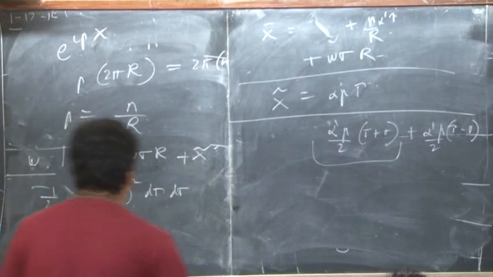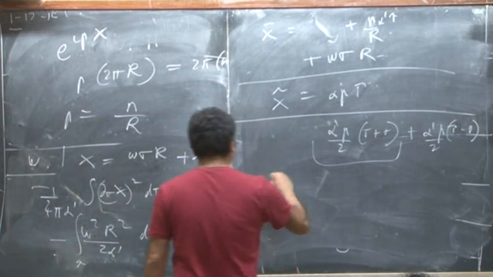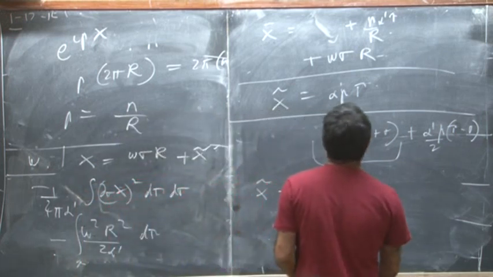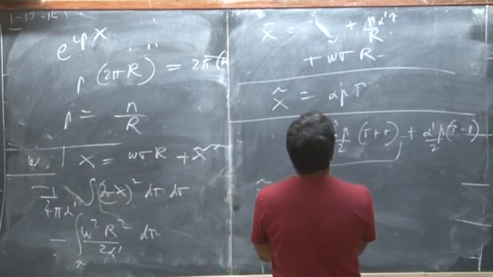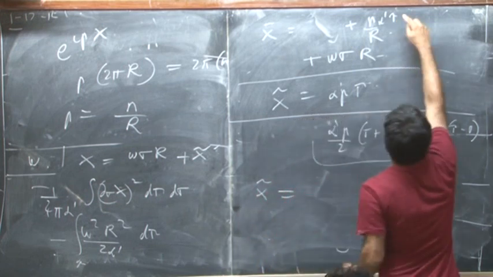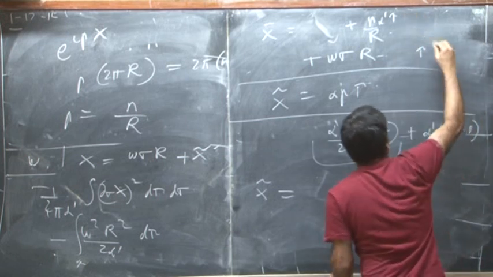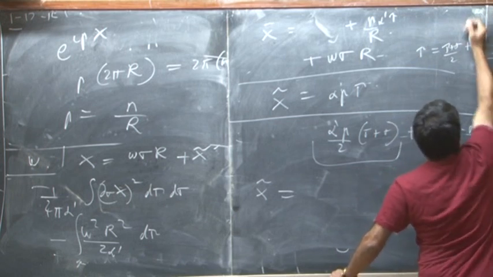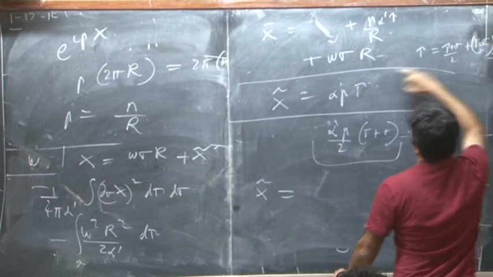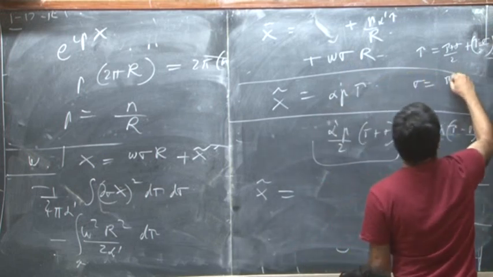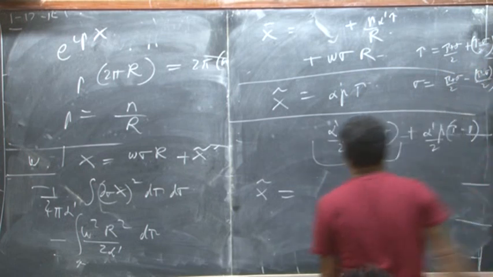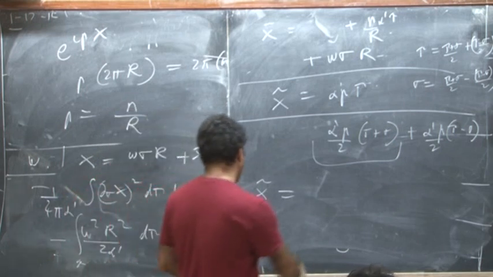So how will we do it? X tilde is equal to, now let's write this. What I'll do is replace tau with (tau plus sigma)/2 plus (tau minus sigma)/2, and similarly I'll replace sigma with (tau plus sigma)/2 minus (tau minus sigma)/2.